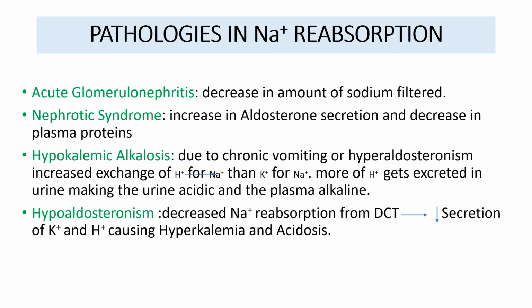What is hypoaldosteronism? There is decreased sodium reabsorption from the DCT and decreased secretion of potassium and hydrogen, causing hyperkalemia and acidosis. So you just have to learn the names of these pathologies.